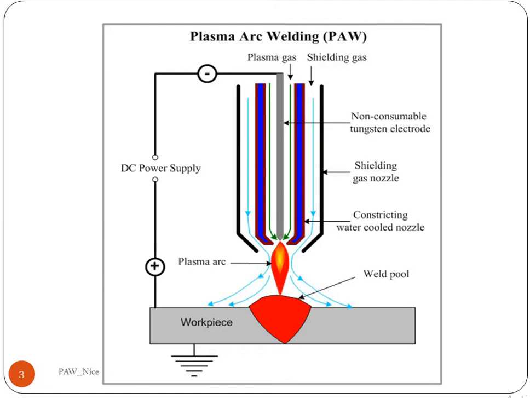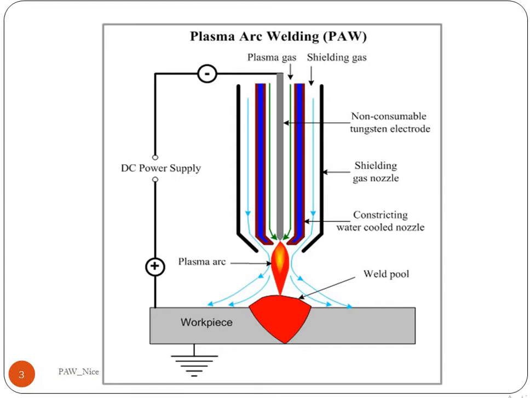The plasma arc welding process is similar to tungsten inert gas welding, except that in plasma arc welding, plasma is used instead of the arc in the TIG welding process.